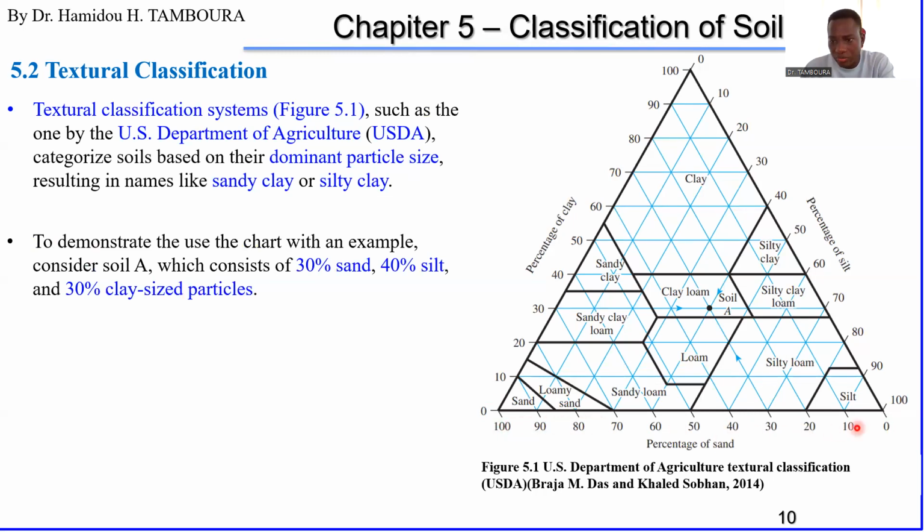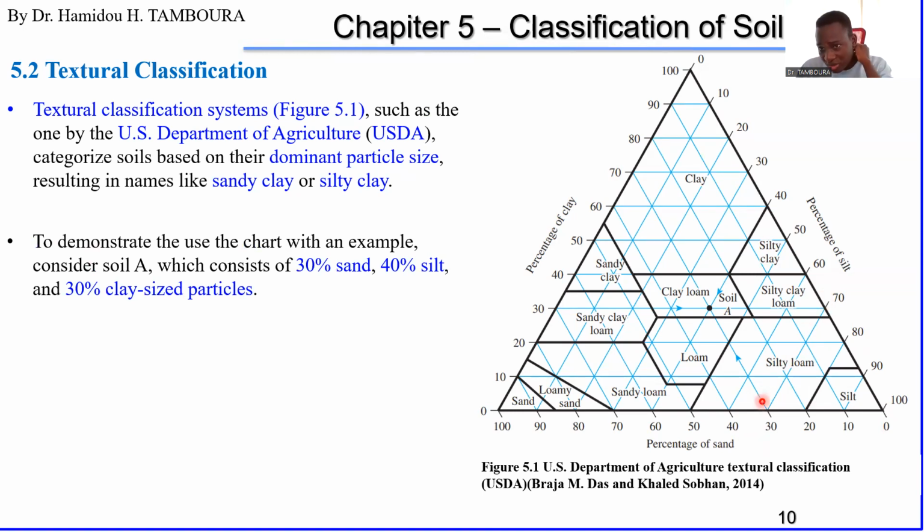Okay. So if you come 0 here, it means you have to read this way. It's important to start from the beginning so that you will not confuse, because some people will come and read sand here. No. For example, if you take 30% and you read it here and you go this way, no, don't do that.